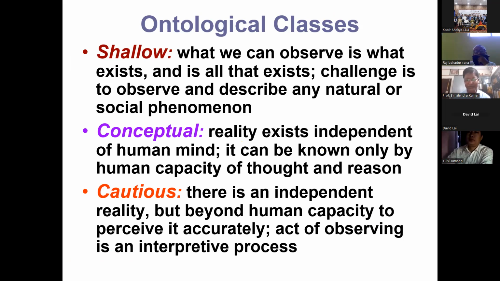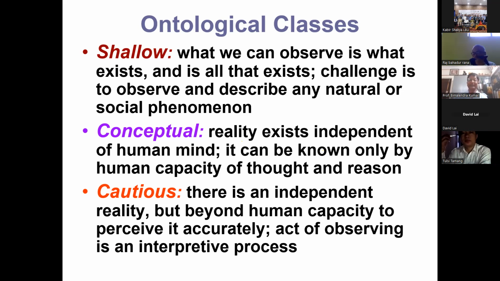There are three types of ontology: shallow, conceptual, and cautious. Shallow: what we can observe is what exists and is all that exists. The challenge is to observe and describe any natural or social phenomenon.